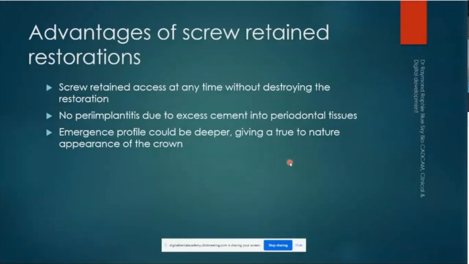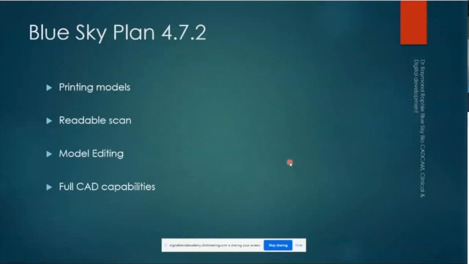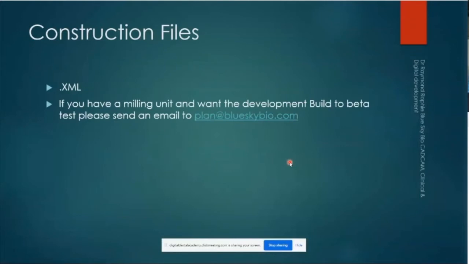So now what I want to do is start showing you all the workflow in the software. Just as a comment, if you have a 5-axis milling unit and you want the new development build version of the Blue Sky Plan software, we will be able to export the XML construction files.